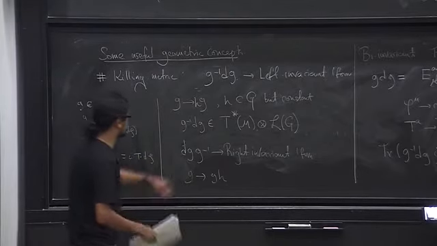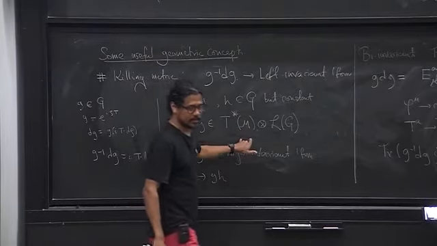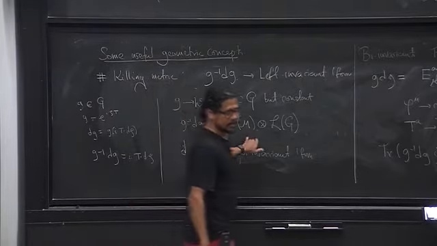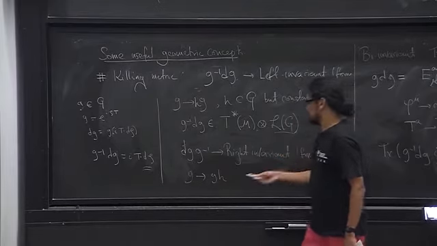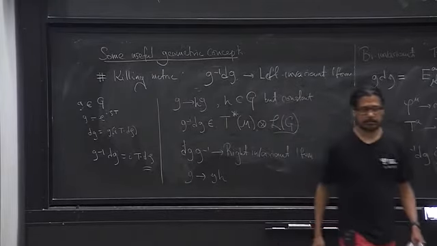So this is the statement that this is in the cotangent bundle, which is given by this, and this is the Lie algebra, which is given by this. Okay.